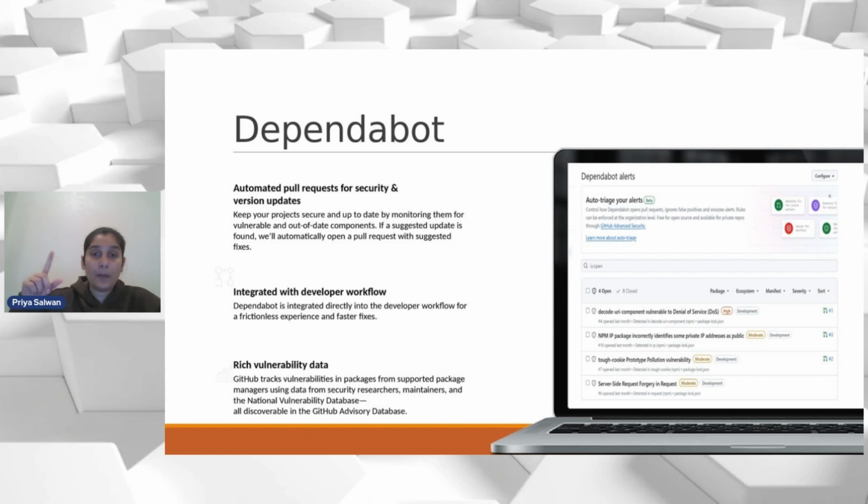You enable it at the pipeline level, and if there is any vulnerability or out of date component, it will suggest you update to the latest package, and automatically open a pull request with the suggested fixes. So you can just go ahead and do the fix, and that should fix the issue for you.